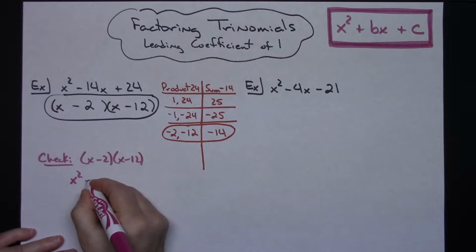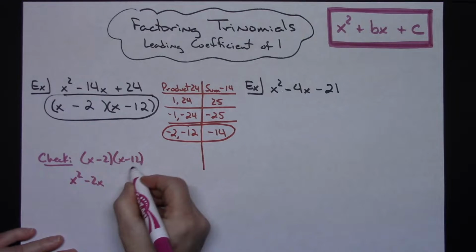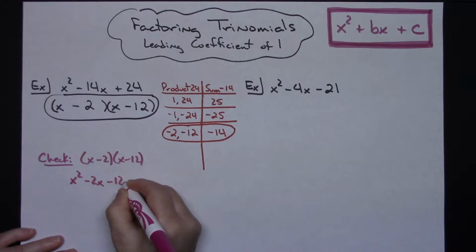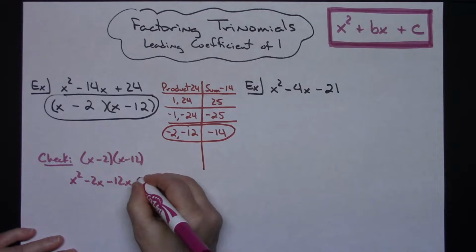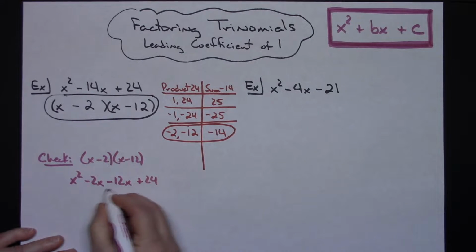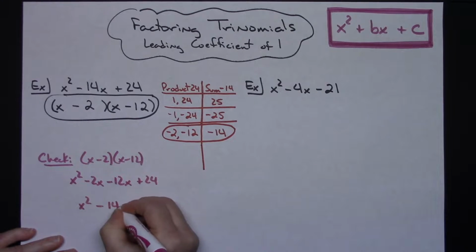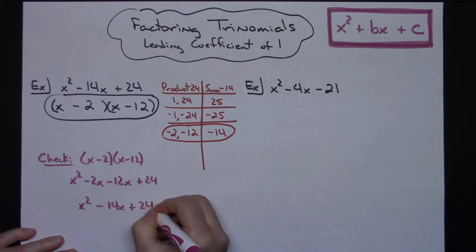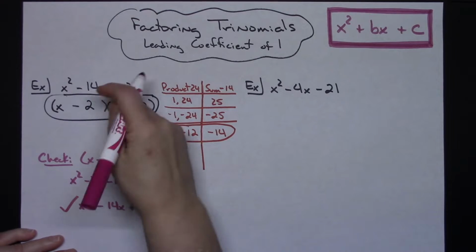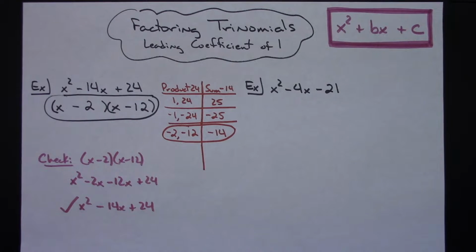Inside terms will give me a negative 2x. Outside terms will give me a negative 12x. Last terms will give me a positive 24. Adding those middle terms, I'll have x squared minus 14x plus 24, and so it checks. I do have that original trinomial back when I multiply them out.